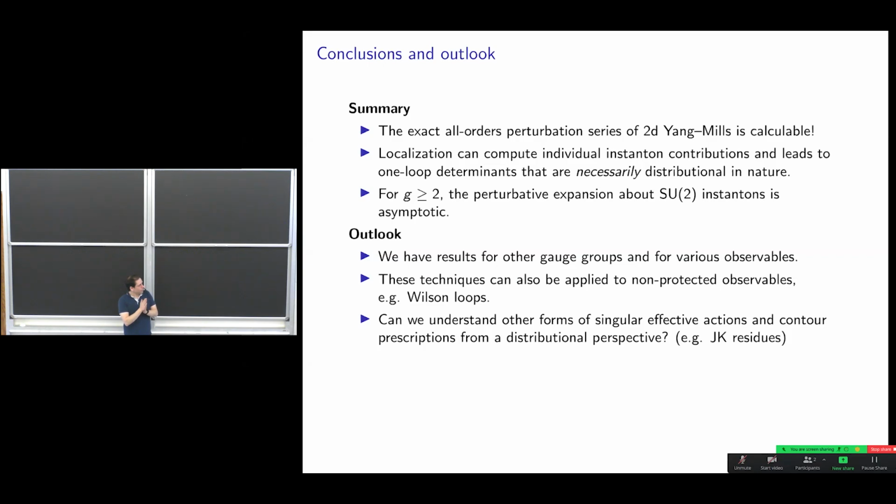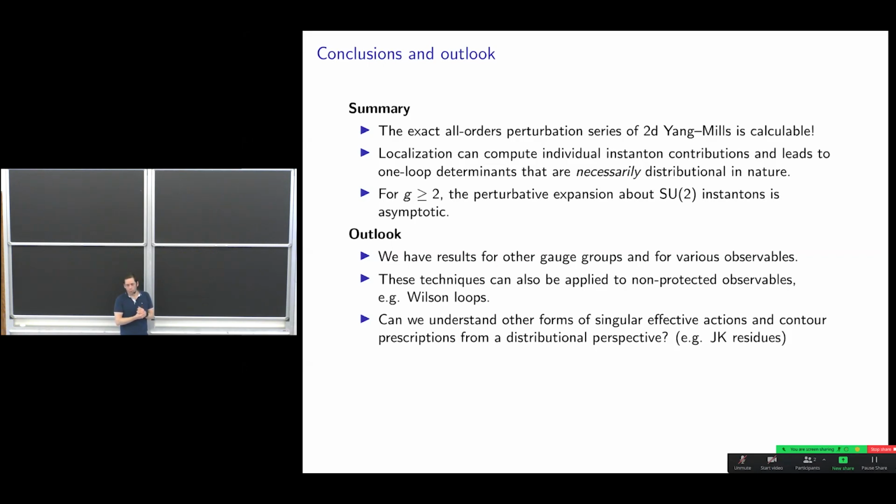But I think that also the lesson that we learned from this computation, and that perhaps can also be applied to other examples maybe in higher dimension, is that from localization, it's not a novelty that you end up with one loop determinants that might have some singular points, and there are various prescriptions on how to deal with the singular points.